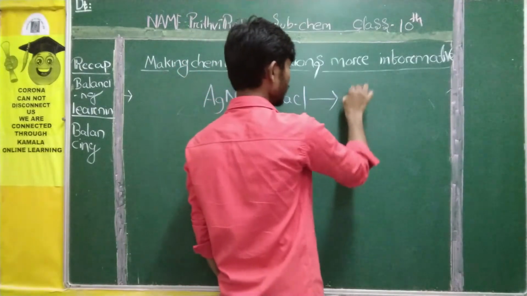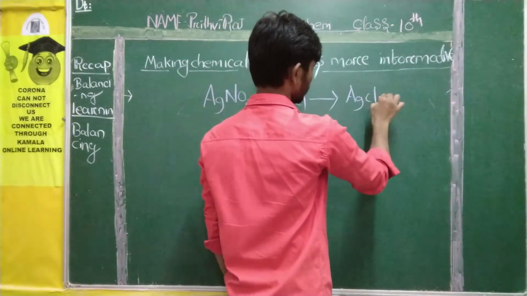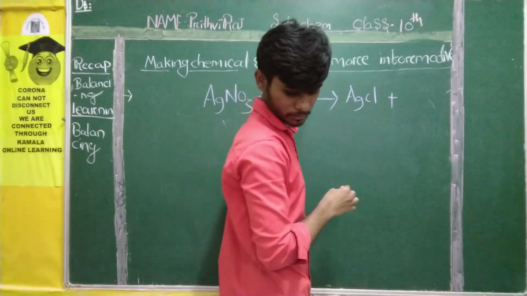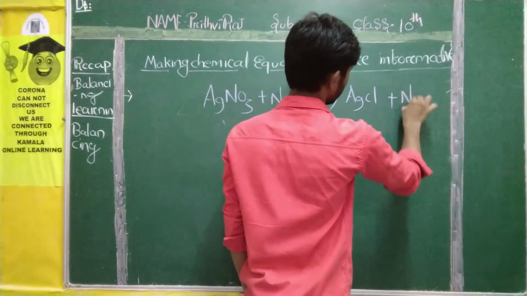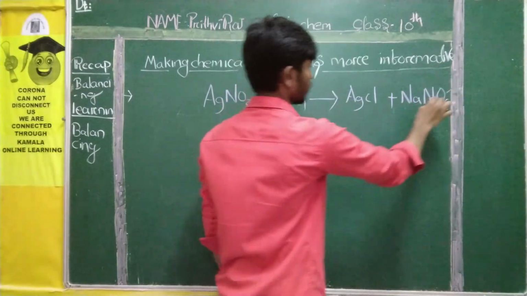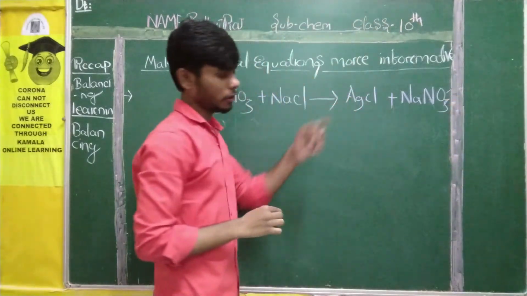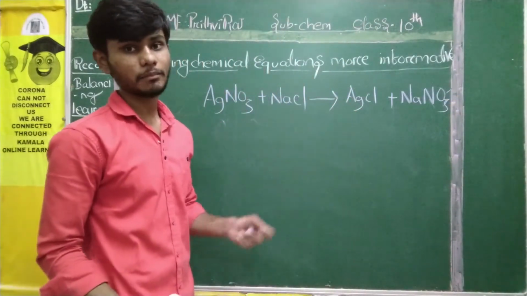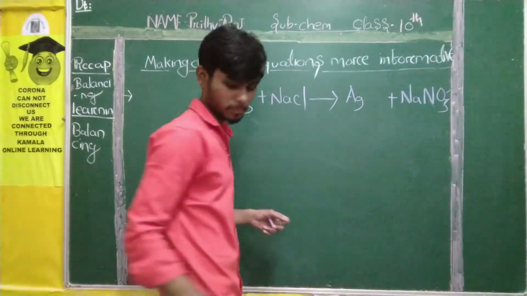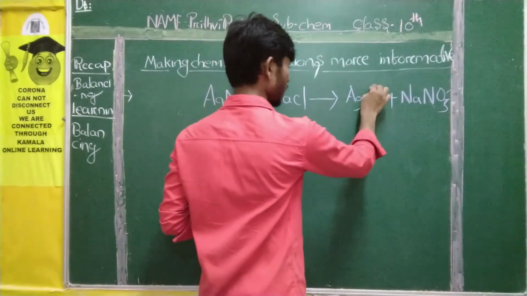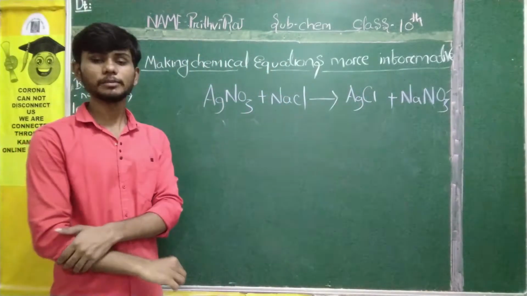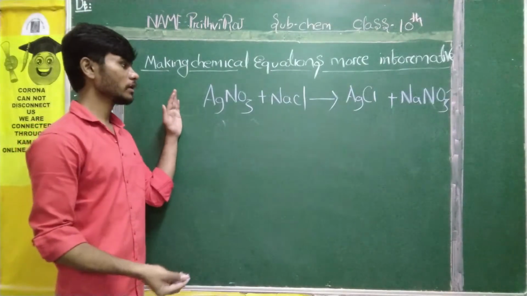You are getting AgCl plus NaNO3. Here I have done something wrong purposefully. What? By writing C as a small letter. You should never write C in small letter. You should always keep it in capital letter, because chlorine is a compound. C should be capital.